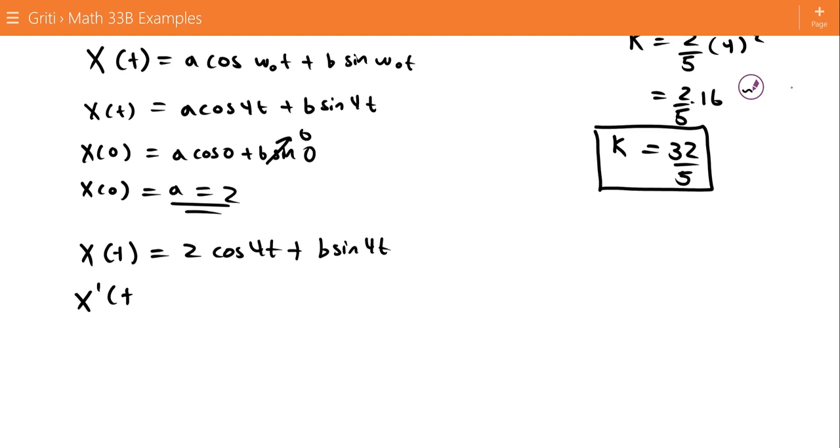We take the derivative of this, x prime, and we find that that equals negative 8 sine 4t plus 4b cosine 4t.